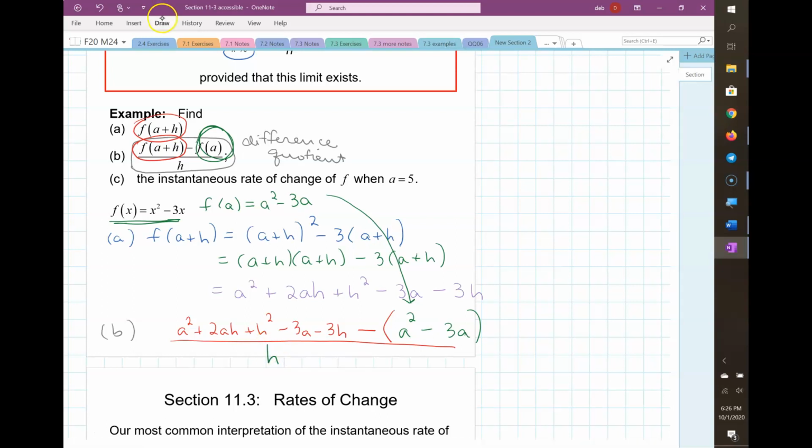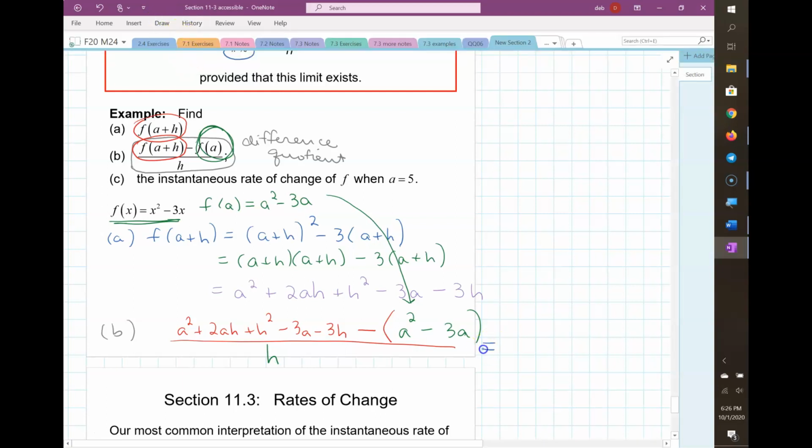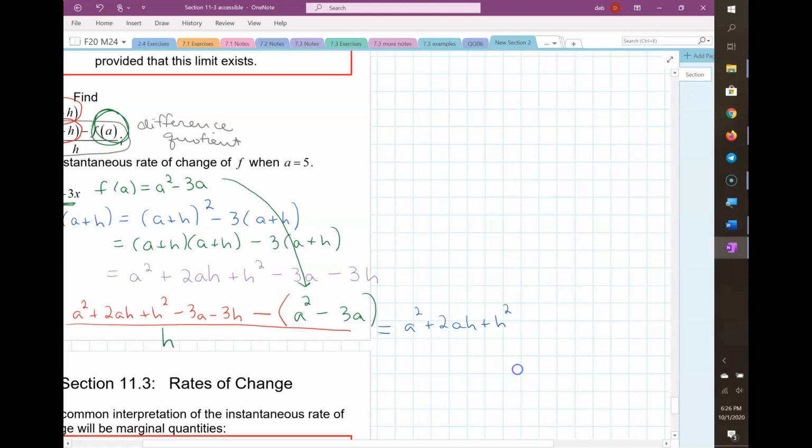And you should have lots of things that cancel here. So you're going to have a squared plus 2ah plus h squared minus 3a minus 3h minus a squared plus 3a as I distribute that negative through.